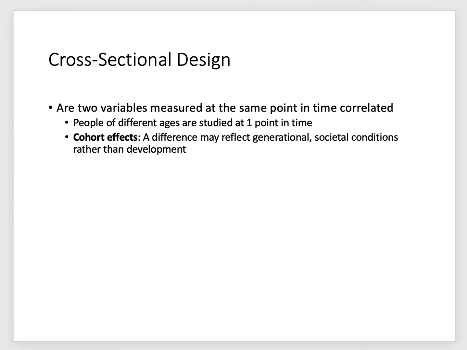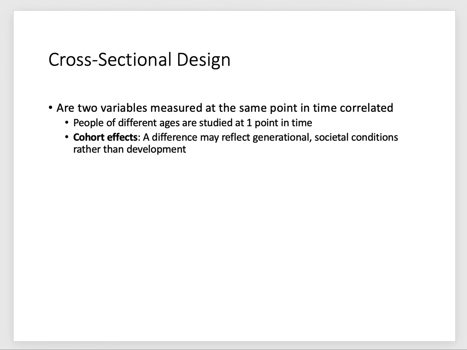So a cross-sectional design is when you have two variables that are being measured at the same point in time. Many studies that we read about are cross-sectional, where everything is happening at the same time, and we're looking at that one point in time and how things are associated. To turn this into something that resembles a longitudinal design, we can look at cohort differences or cohort effects.